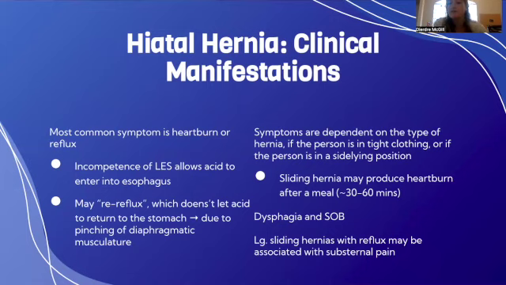If someone is wearing tight clothing or is in a side-lying position, that may cause more problems for them. The sliding hernias may cause heartburn after a meal, about 30 to 60 minutes. It can also cause dysphagia, shortness of breath, and even large sliding hernias with reflux may be associated with substernal pain.